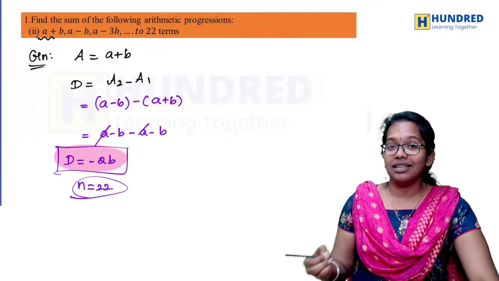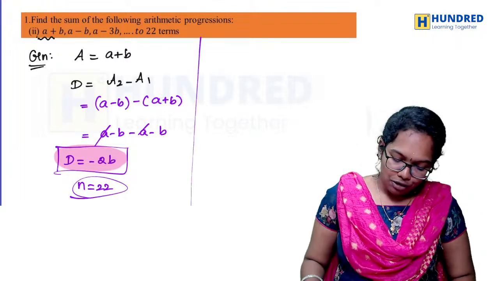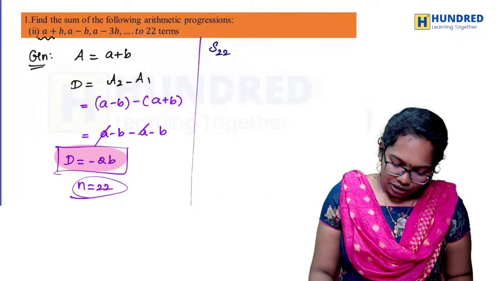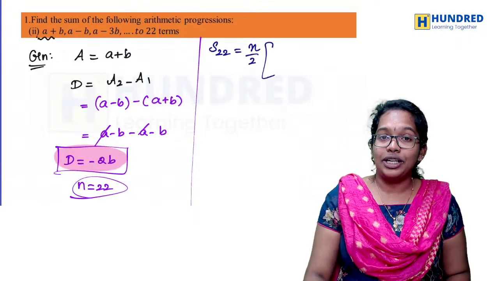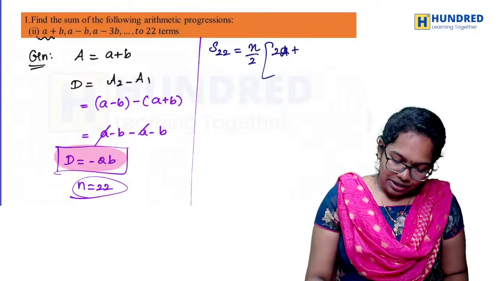With this we can now find the sum of 22 terms, which is S22. What is the formula, guys? It is n by 2 into 2a plus n minus 1 into d, everything will be capital.